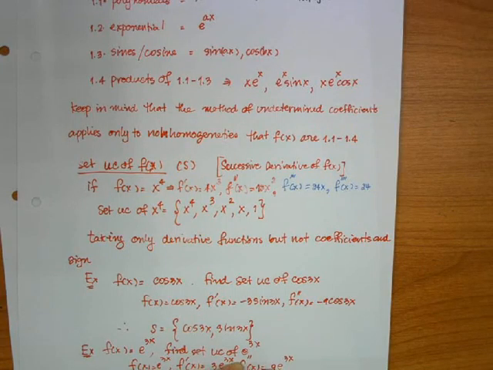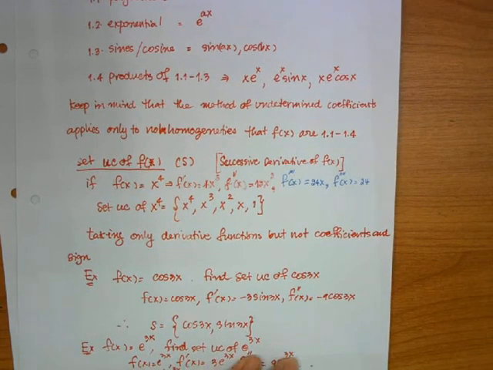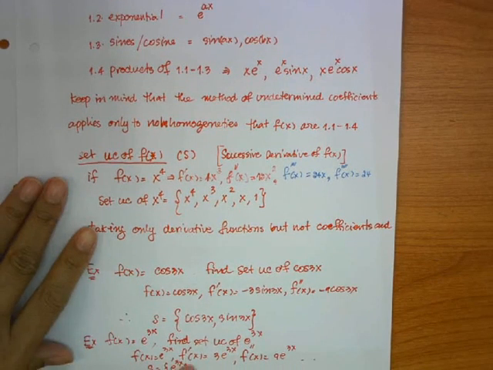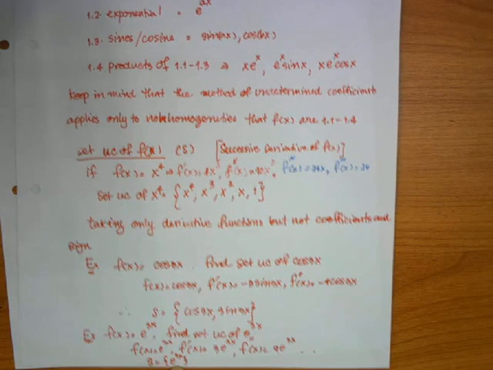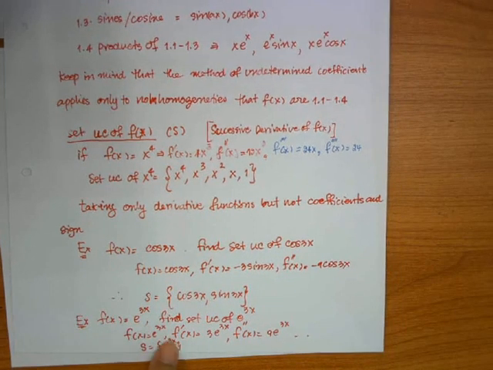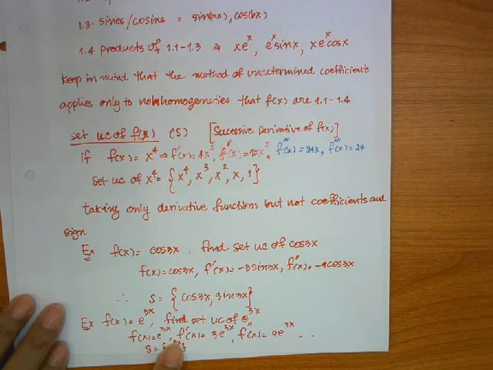The first derivative is 3 times exponential of 3x. If you take further derivatives, you still get the same function, exponential of 3x. So in that case, just stop right there. Then when you write down the UC set of exponential 3x, you get only exponential of 3x.